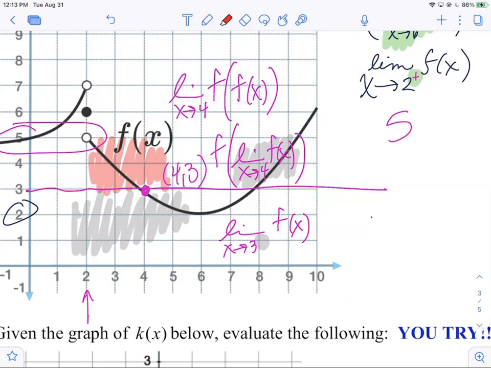So I'm approaching from both the positive and negative sides of that y value. Therefore, when 3 becomes my new input, I have to approach it from both sides horizontally, which means it's now a general limit.